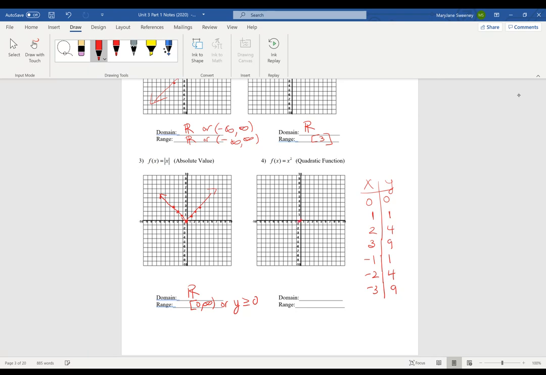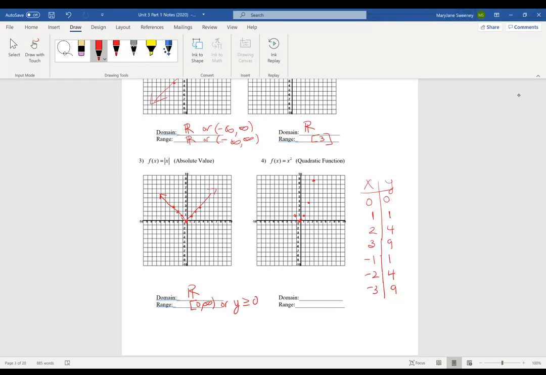So 0, 0, 1, 1, 2, 4, and 3, we go 5, 6, 7, 8, 9. And then same thing on the other side. Oops, wait a minute, I'm a little off there.